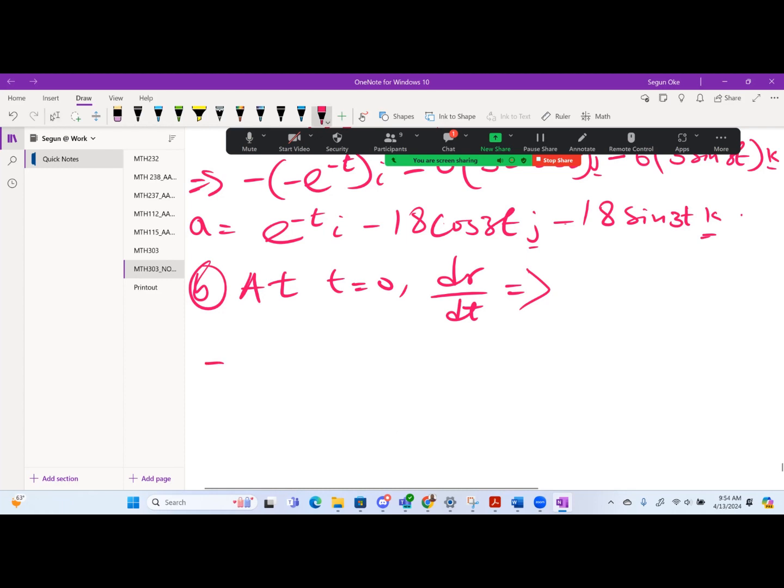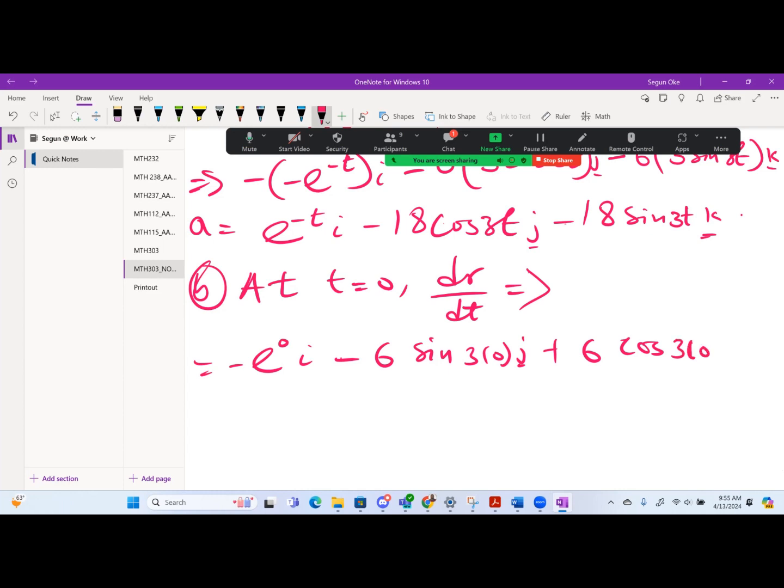We have minus exponential 0 i minus 6 sine 3 of 0 j plus 6 cos 3 of 0 k.